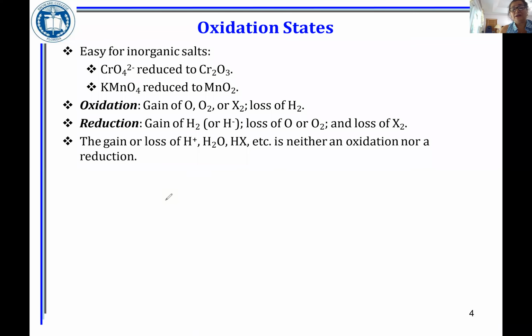So can you name other oxidizing agents that you learned already? Can you name a couple more? Any oxidizing agent from organic or inorganic chemistry? H2O2 is an oxidizing agent.